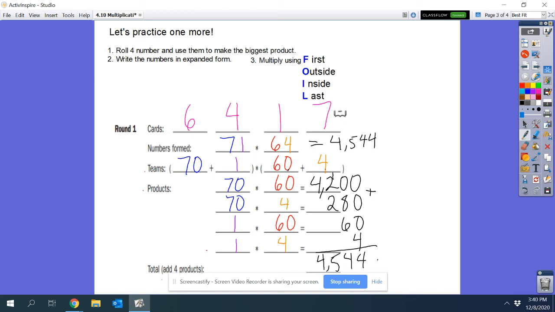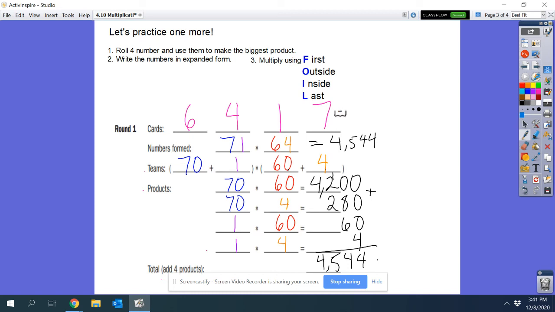Since you are such fabulous mathematicians, I'm just going to tell you one more thing about multiplication wrestling. It also shows the distributive property of multiplication. Say that with me. The distributive property of multiplication.